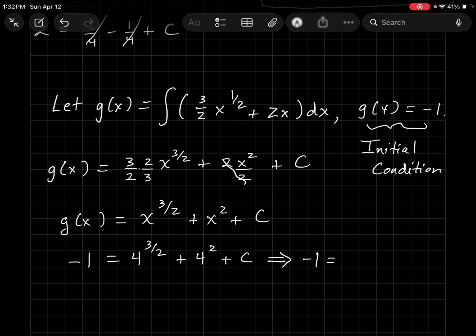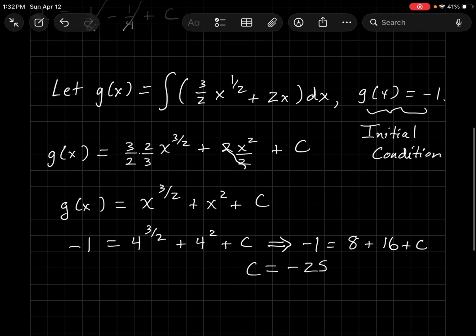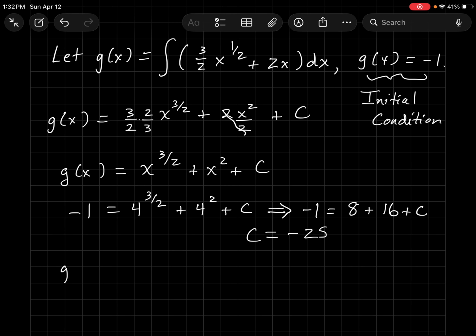So negative 1 equals the square root of 4 cubed plus 4 squared plus c, which means that c equals negative 25. And our particular solution is g of x equals x to the 3/2 plus x squared minus 25.